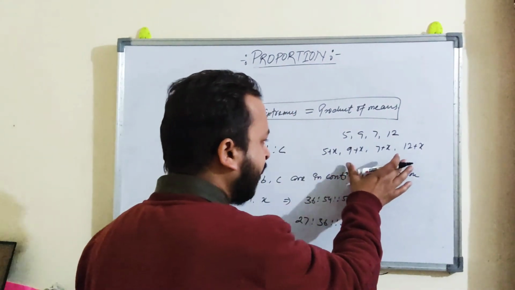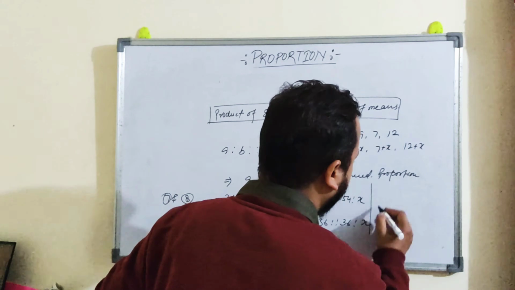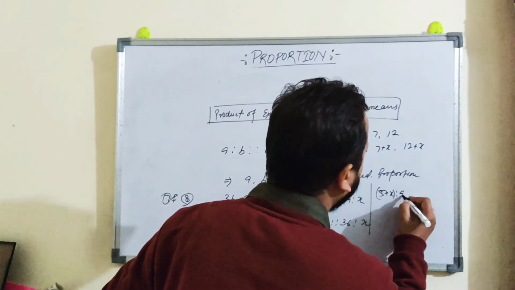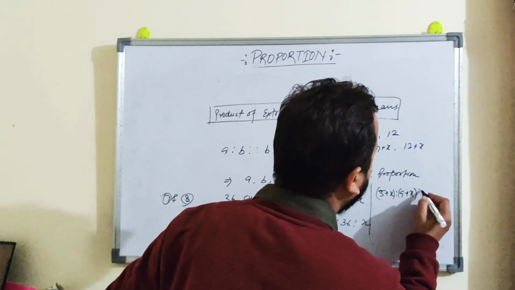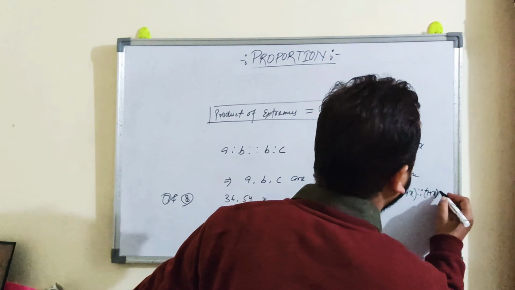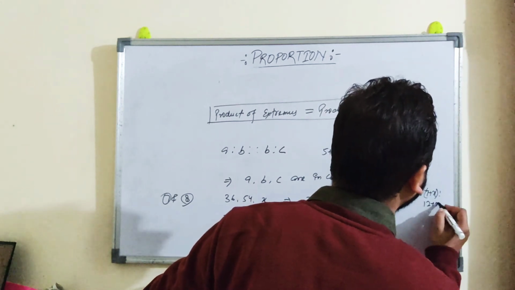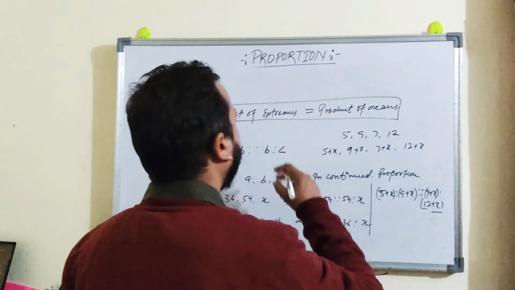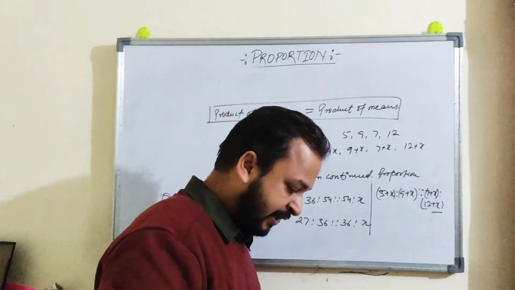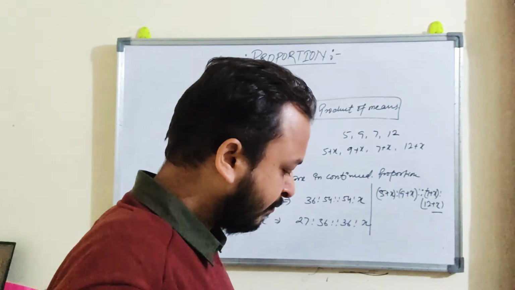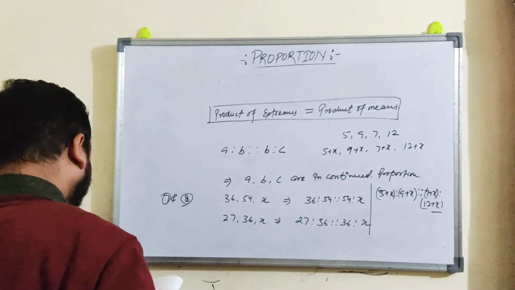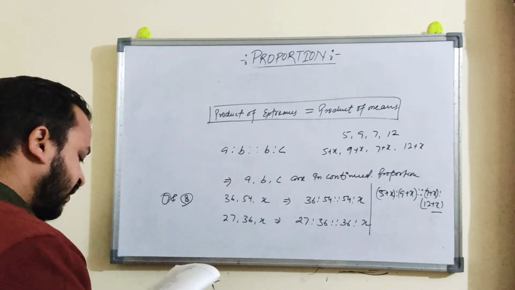Now they are in proportion, so 5 plus x is to 9 plus x, proportionality sign, 7 plus x is to 12 plus x. Apply product of extremes equals product of means, and you will get the value of x.